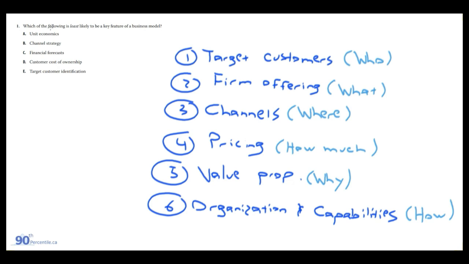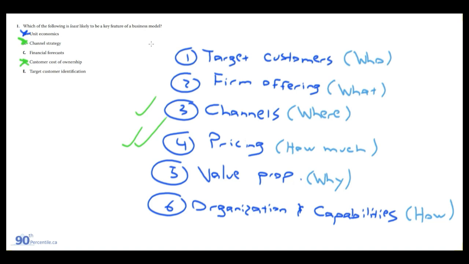So coming back, which of the following is least likely to be a key feature of a business model? Is it unit economics? No, this is a part of your pricing. Your channel strategy? Nope, that's number three right there. Is it your financial forecasts? We'll get back to that one. Your customer cost of ownership, once again, goes back into pricing.